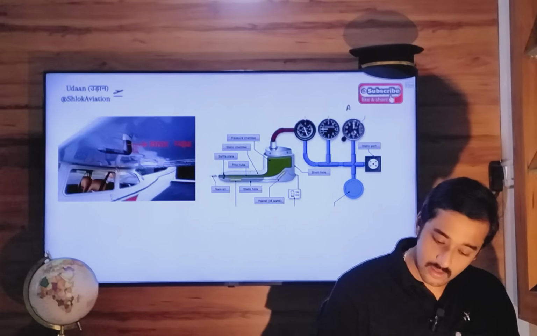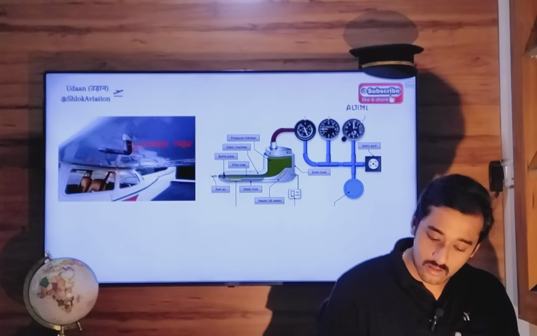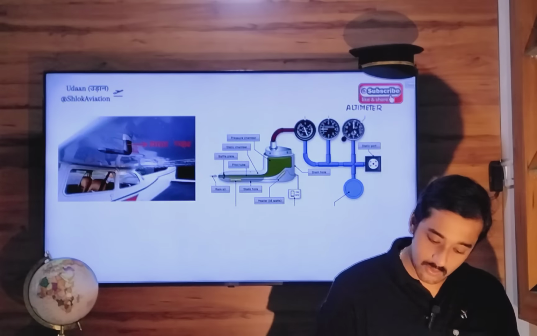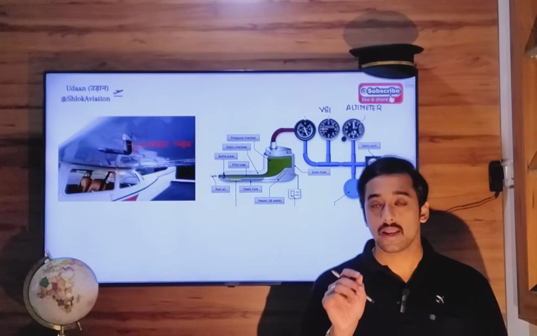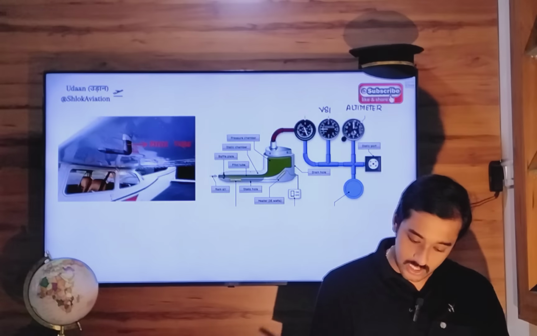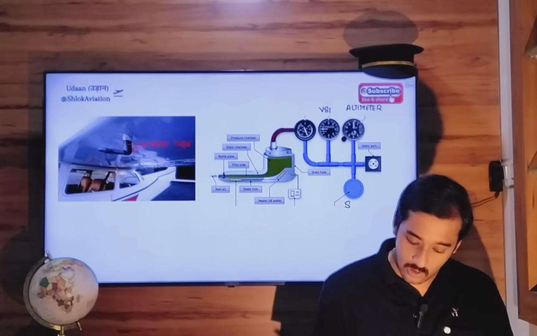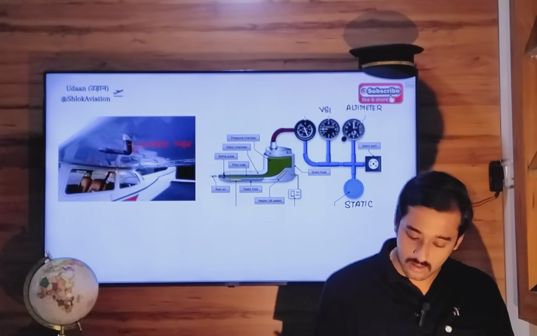Out of these three, the altimeter and the vertical speed indicator work only on static pressure.